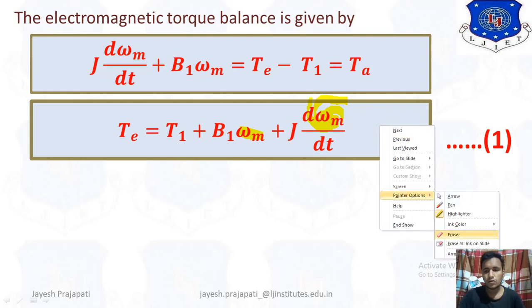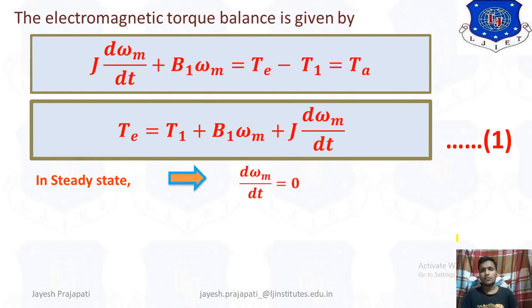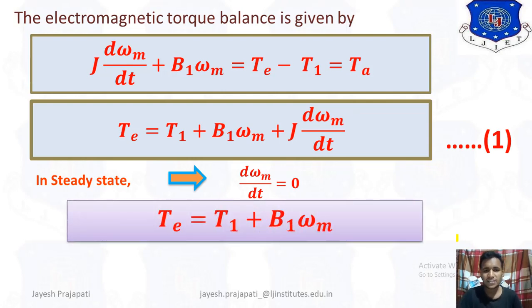In steady state condition, d omega m by dt is equal to 0. So if we modify equation number 1, it becomes Te is equal to T1 plus B1 omega m.